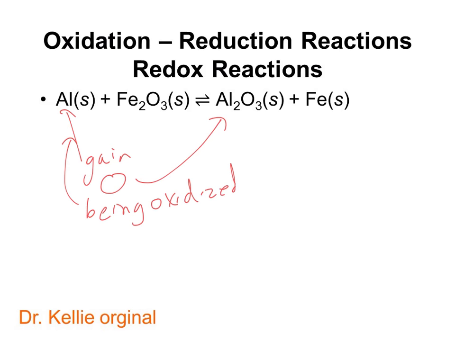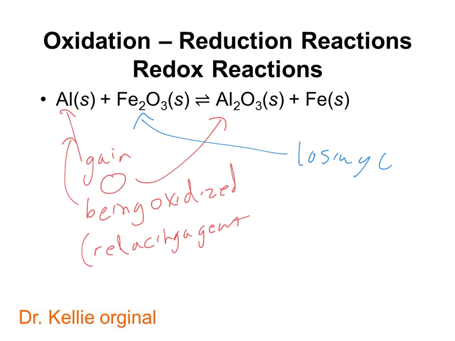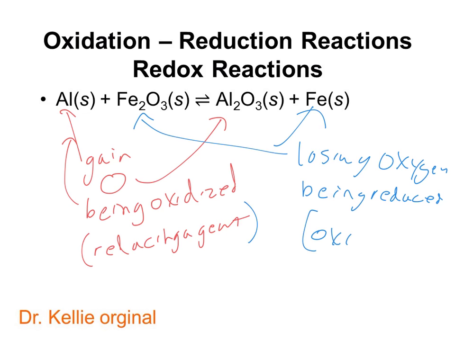And if it's being oxidized, that means it's the reducing agent. Iron, on the other hand, is losing oxygen. And that's one of our clues that a substance is being reduced. Since our iron loses the oxygen and it's being reduced, that means it's the oxidizing agent. Chemistry's easy, life is hard, yes?